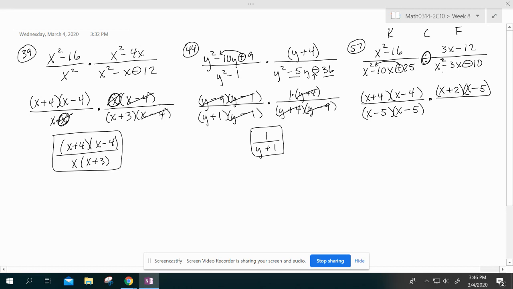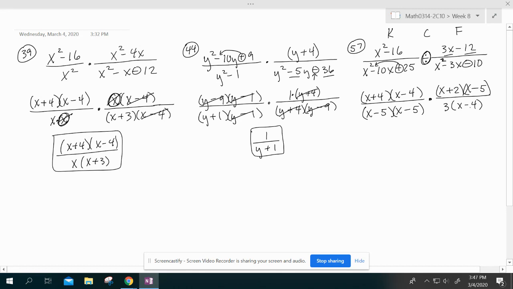Everybody agree? Now, for the last piece of the puzzle, I've only got 2 terms. What do they have in common? And so I'm going to factor out the 3. What will that leave me with? If I factor out the 3, it leaves me with x minus 4.